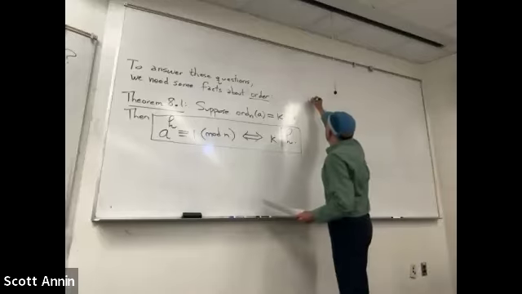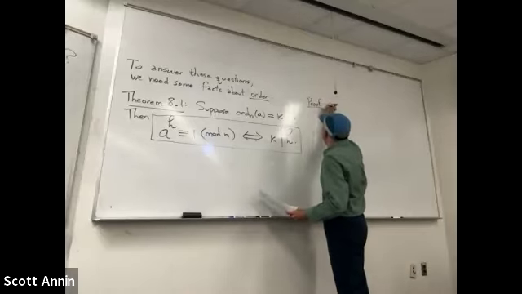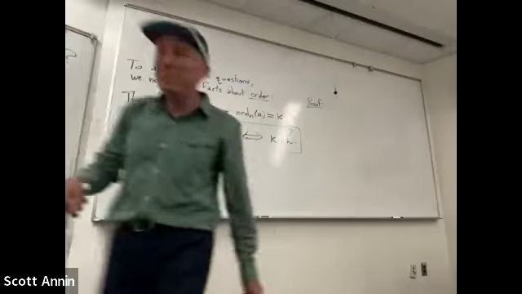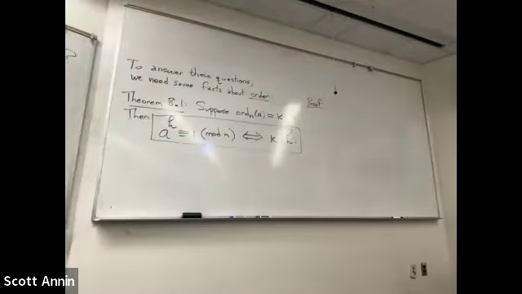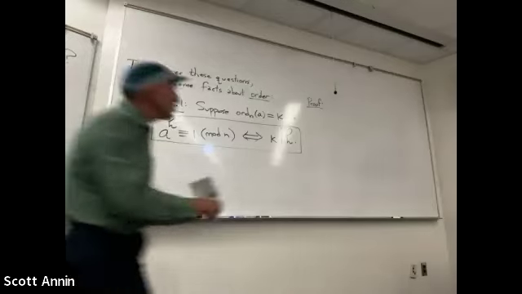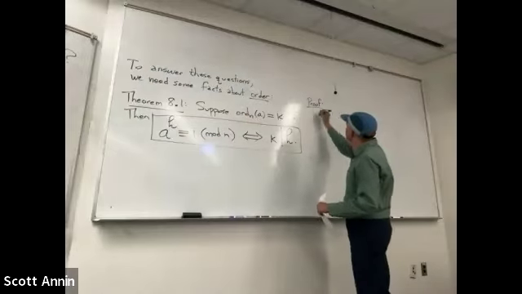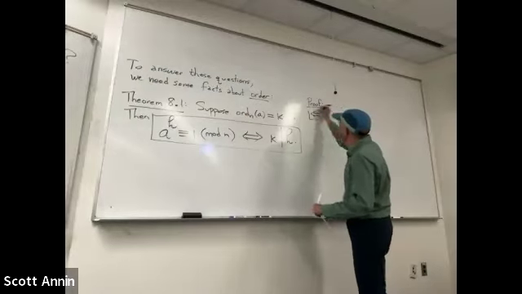That sometimes happens too. Let me write down the proof of this one. Stay hydrated. That's good. Yeah, so I'm going to prove this forwards and backwards. Let's go backwards a little bit here.